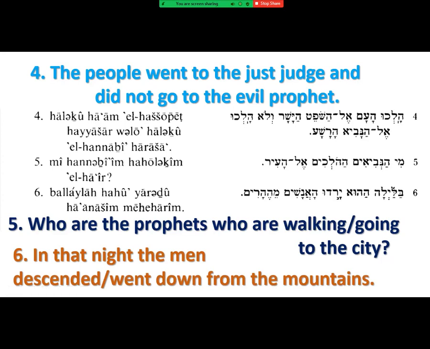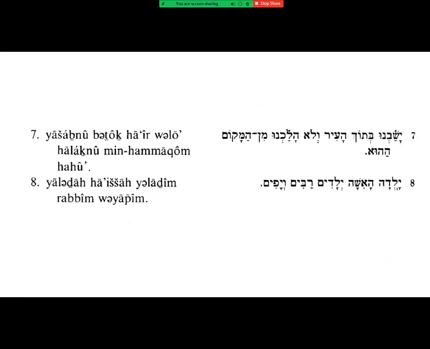Okay, number 7. We have Yashavnu. Yashav is to dwell or to sit. Okay, so Shavnu is we dwelt. Batok, that's a new word from chapter 9, is in the midst of. Ha'ir, the city.